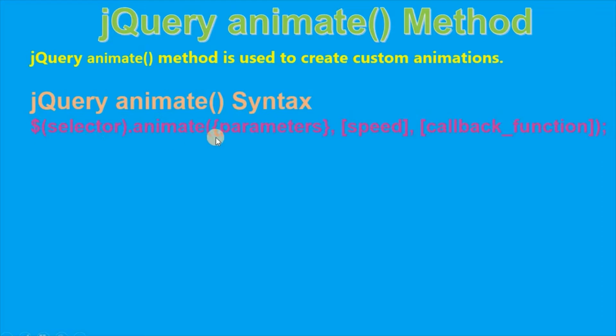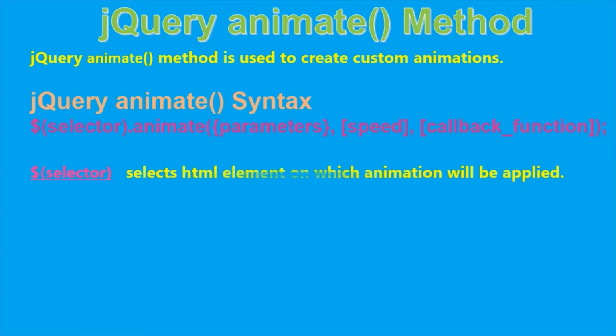$selector.animate(parameters, speed, callback function). $selector selects the HTML element on which animation will be applied.